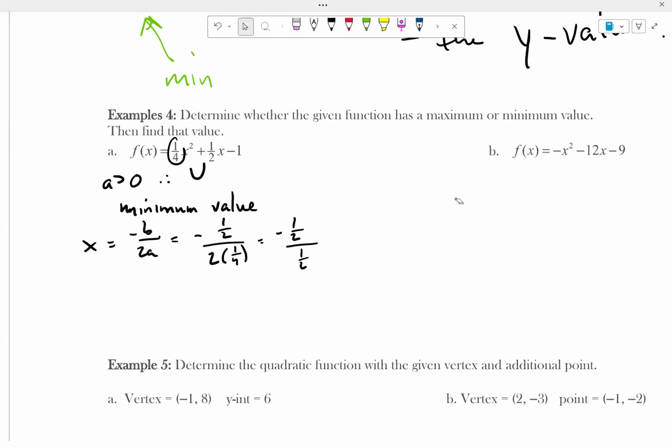Anyway, positive 1/2. So x is equal to negative 1. I plug that into my function. 1/4 times 1 squared plus 1/2 times 1 minus 1 gives me 3/4 minus 1, negative 1/4. So the minimum value is negative 1/4.